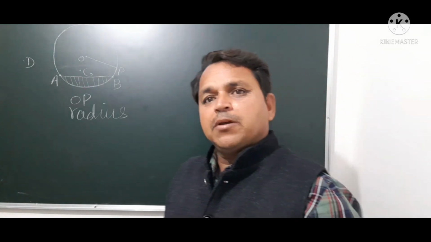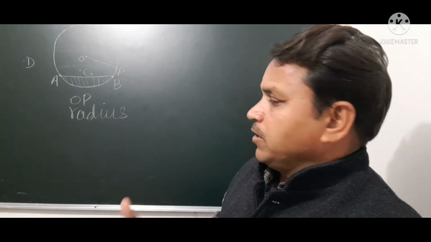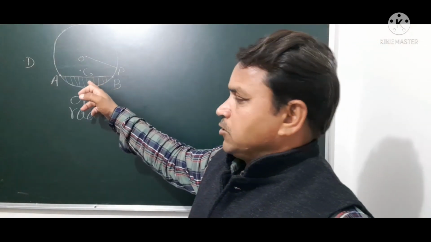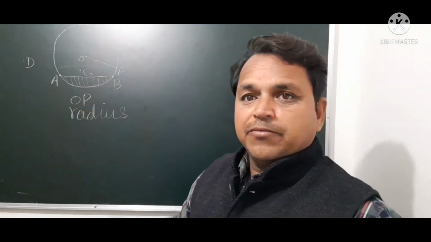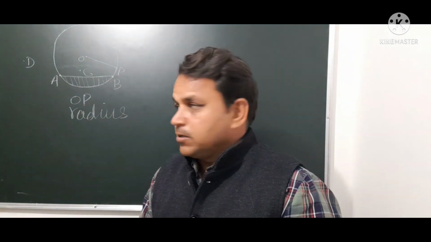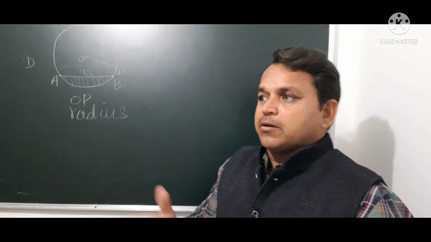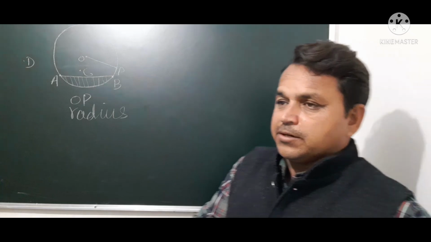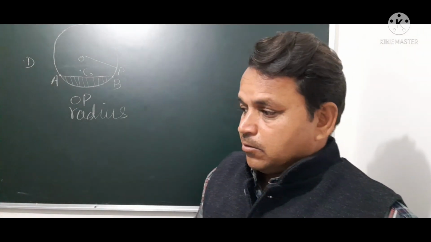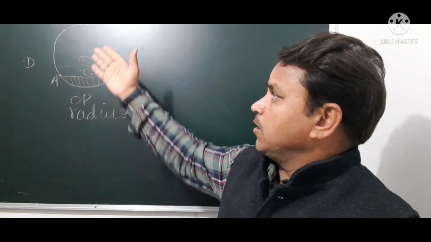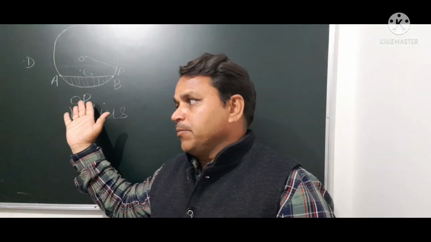We can classify them in 2 categories. The smaller one will be called the minor segment and the larger one will be called the major segment. So the upper part will be the major segment, because you can see that the upper part is much bigger than the lower one. Therefore it is the larger or the major segment, and the lower one is the minor segment.